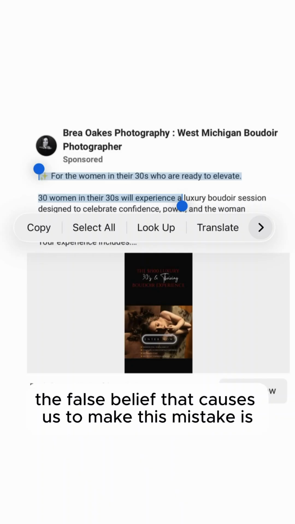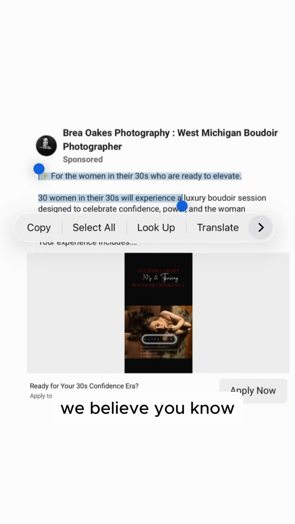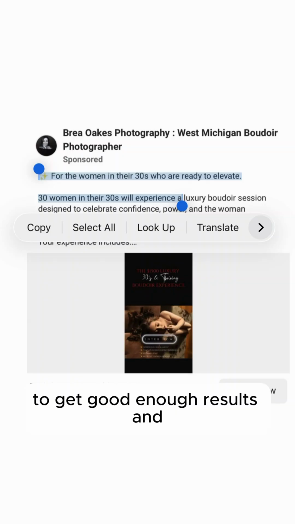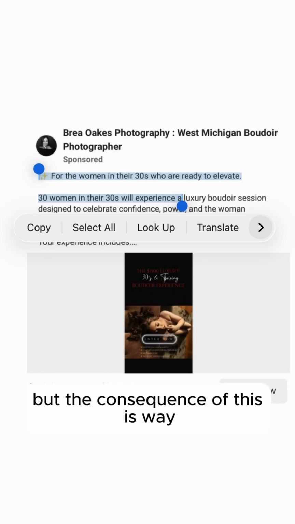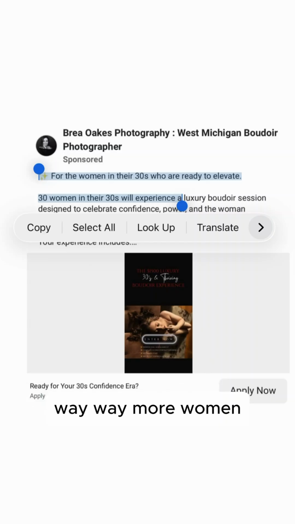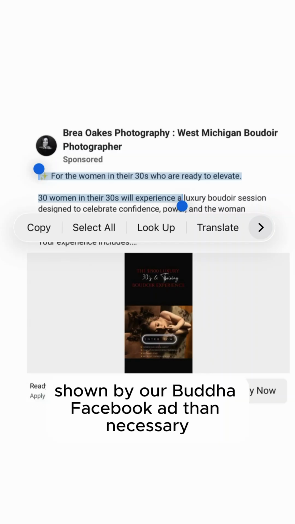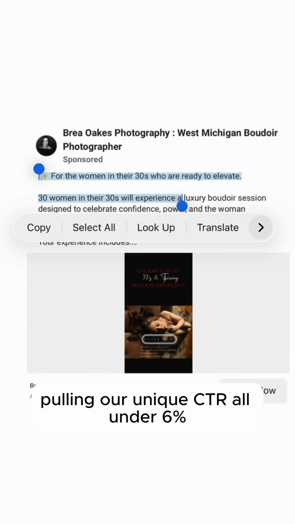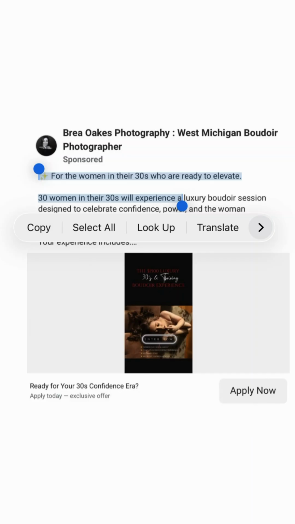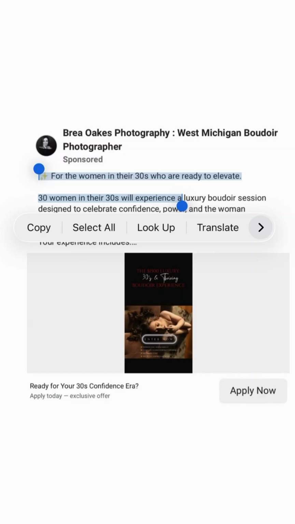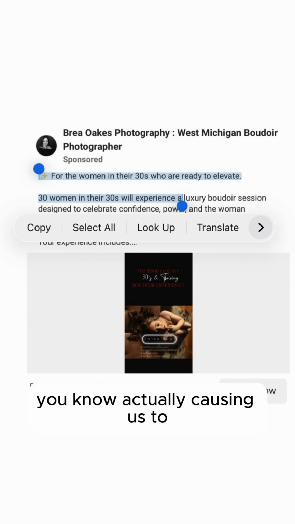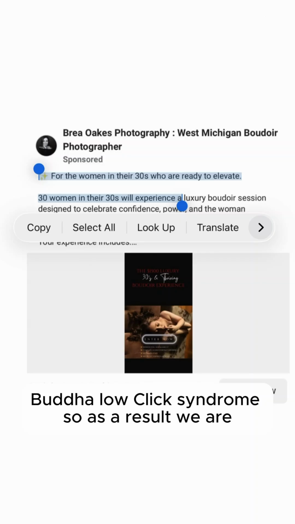The false belief that causes us to make this mistake is we believe we've provided a good enough headline to get good enough results, and it's kind of similar to what everyone else is doing. But the consequence of this is way, way, way more women scrolling by our Boudoir Facebook ad than necessary, pulling our unique CTR under 6%, and causing a higher probability of having BLCS, Boudoir low click syndrome.